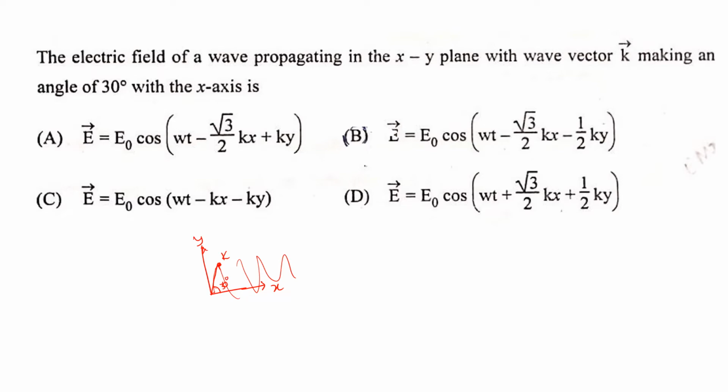Then the electric field expression can be given by E is equal to E naught cos omega t minus k dot r.